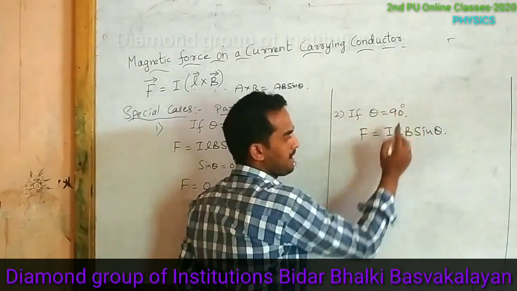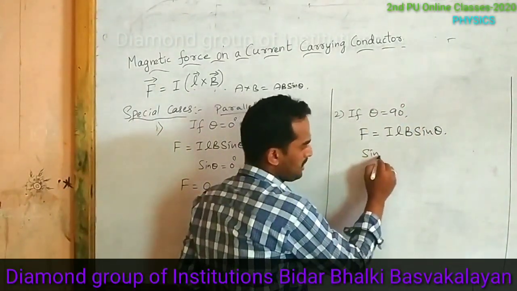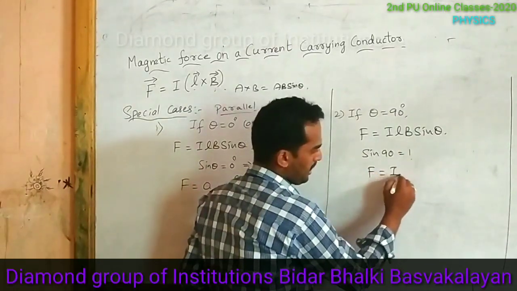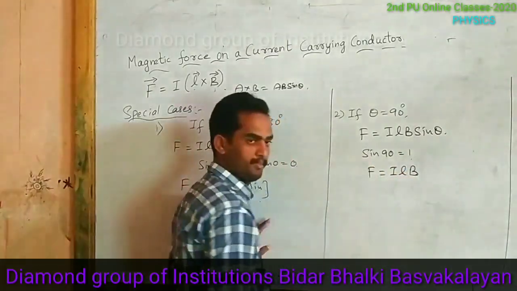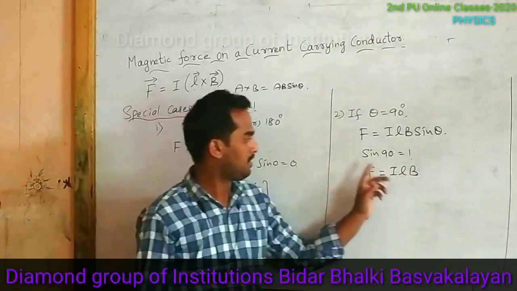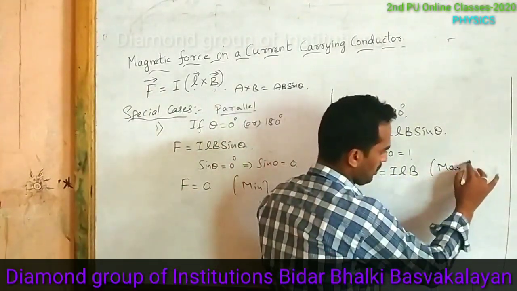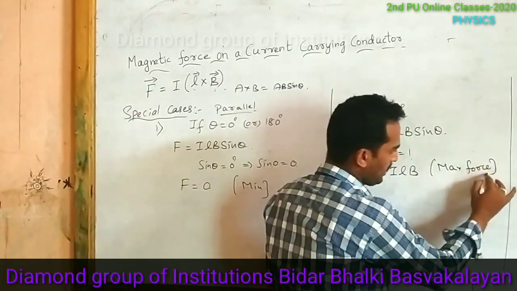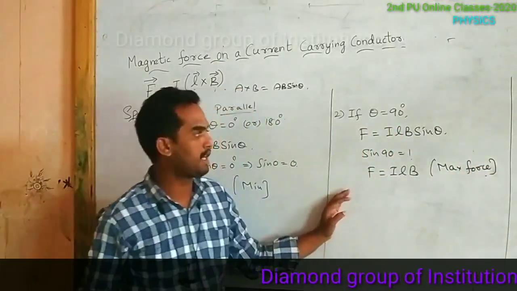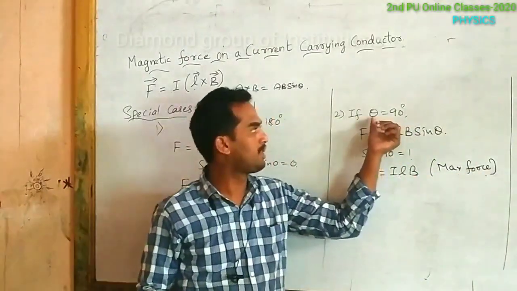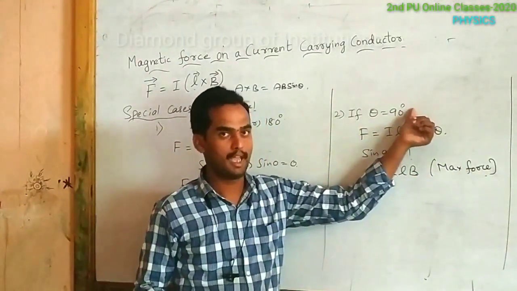The theta value is 90 degrees, so sin 90 becomes 1. So F equal to I into LB. This is called the maximum force, the maximum magnetic force acting on the conductor, because the maximum force exists when theta is equal to 90 degrees.